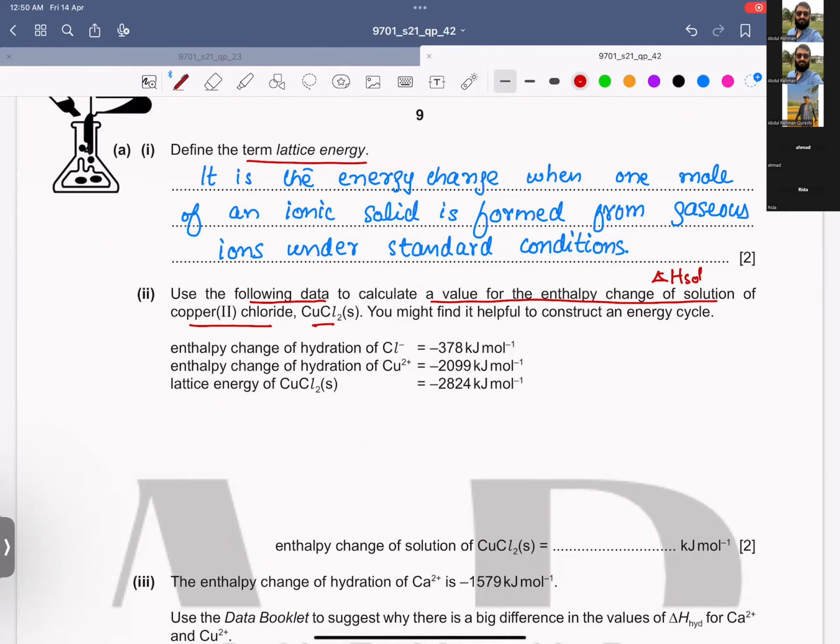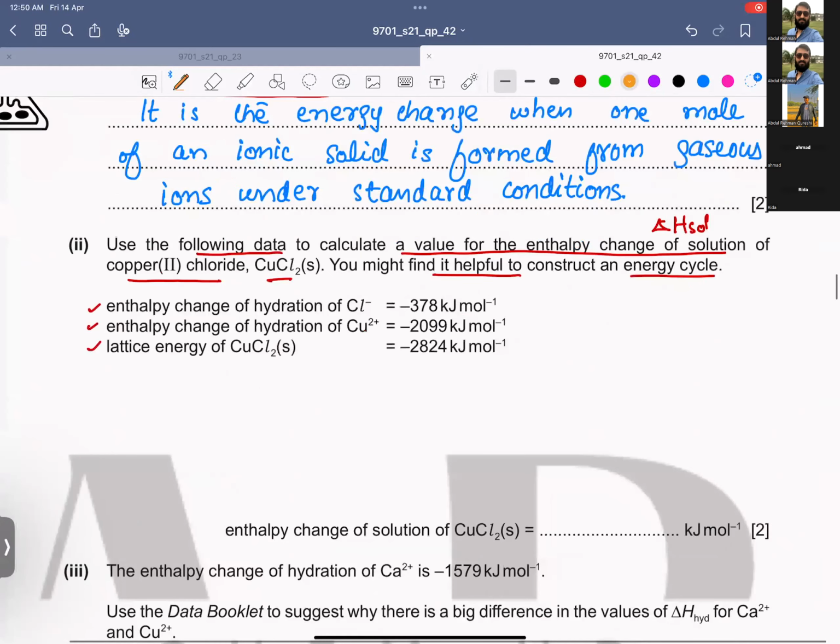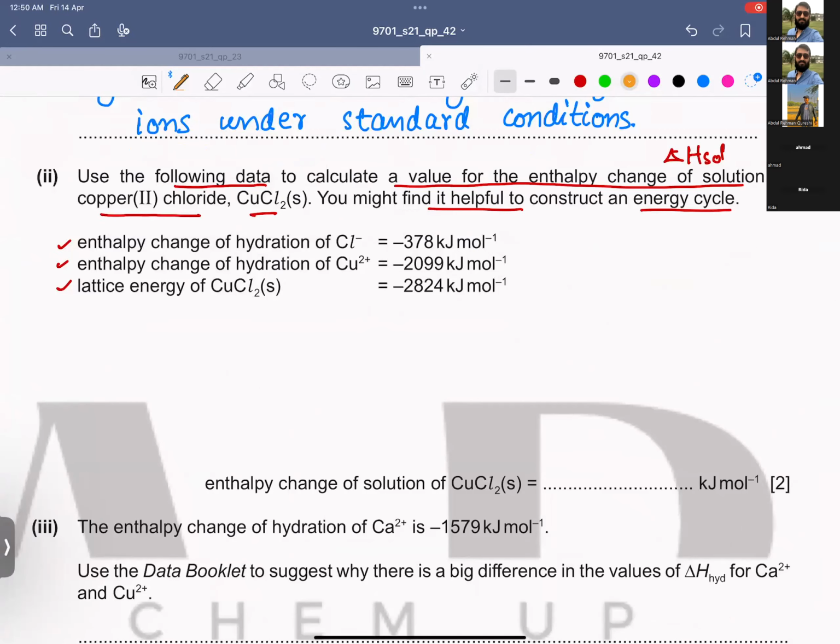You might find it helpful to construct an energy cycle. So we are provided with the hydration enthalpies and we are provided with the lattice energy. So if we make a cycle, you can make a Hess cycle or you can make a Born-Haber cycle for this.